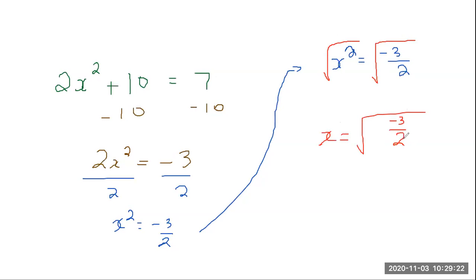But we can't really find the square root of a negative number, so let's go ahead and split this up. Square root of 3/2 times the square root of -1. So x is equal to the square root of 3/2 times i.